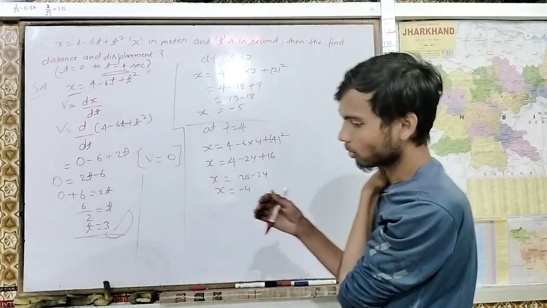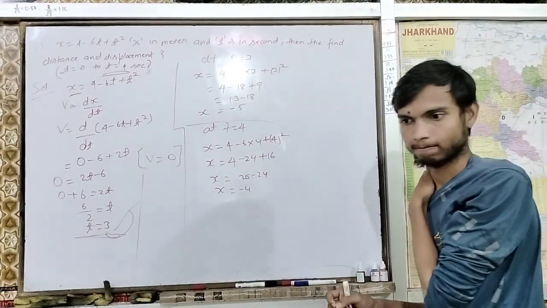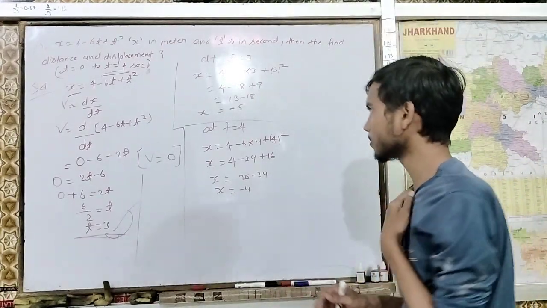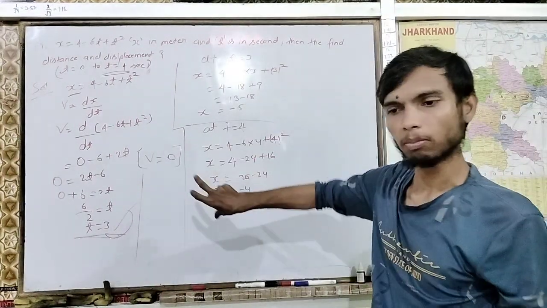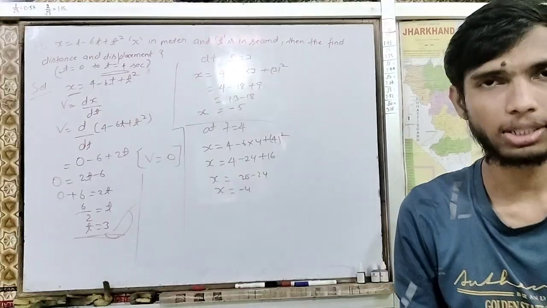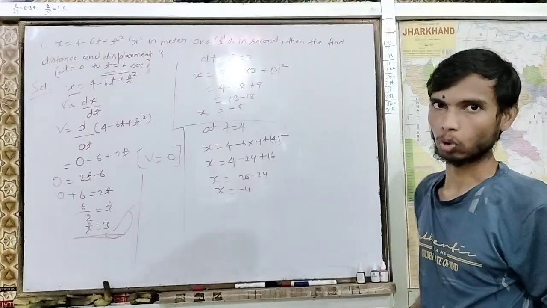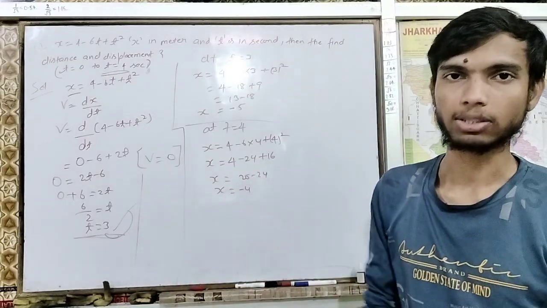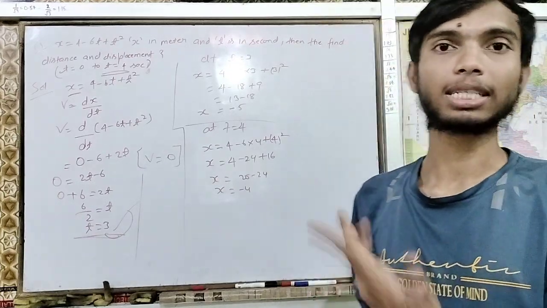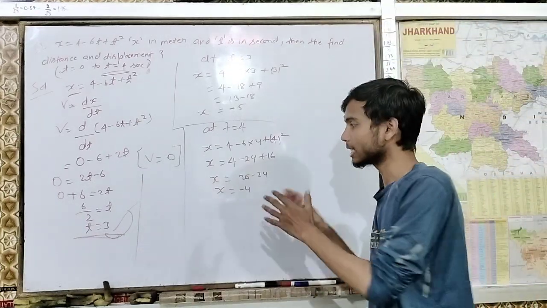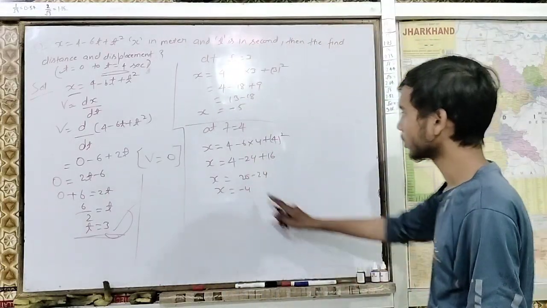It is telling you about an object covering a displacement at t equal to 4 seconds. Remember, you can just consider this x as the position of the object. So the position of the object is at minus 4. And this is what this question is trying to convince you.